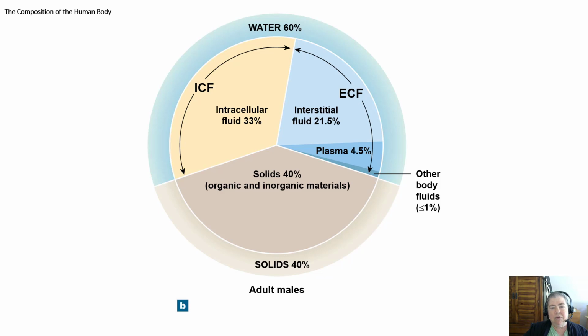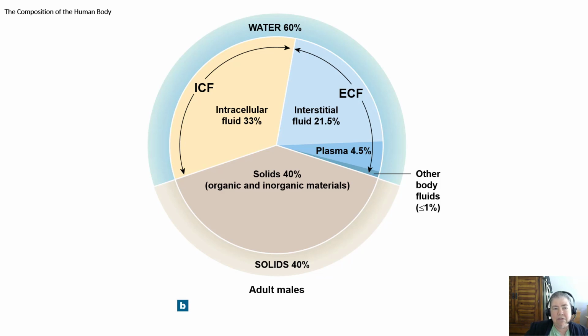This is just a diagram showing you in an adult male who is not obese, water makes up about 60% of the body and solids make up about 40%. If you look at the 60% that is water, roughly 2/3, the intracellular fluid is a larger compartment than the extracellular fluid.